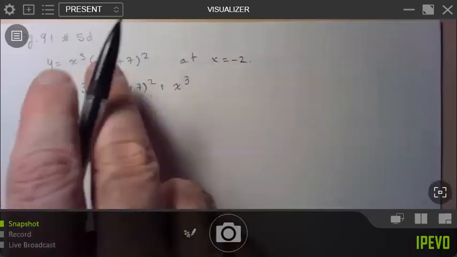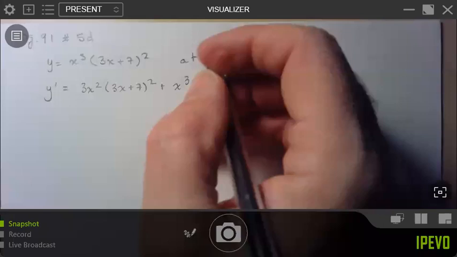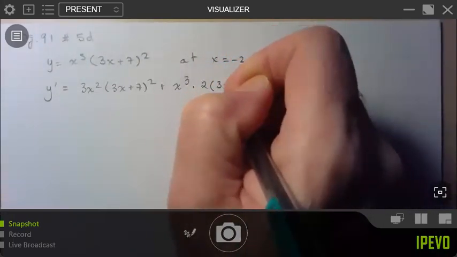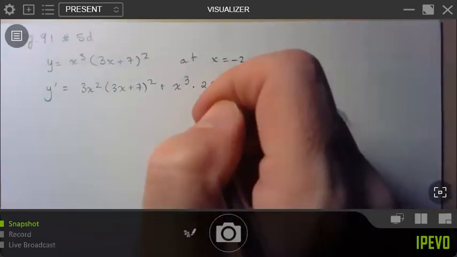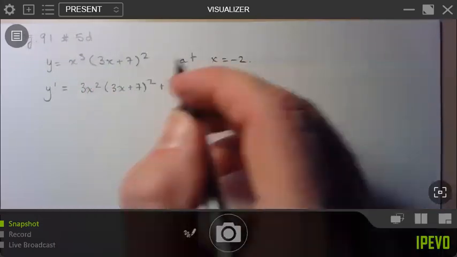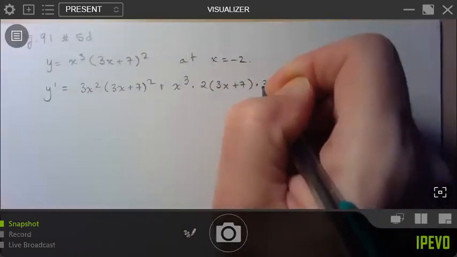So I think, what's the derivative of u squared? It's 2u, so times 2 times (3x + 7), which is my u. Now that I've taken the derivative of the outside function, I can take the derivative of the inside function, which of course is just 3.